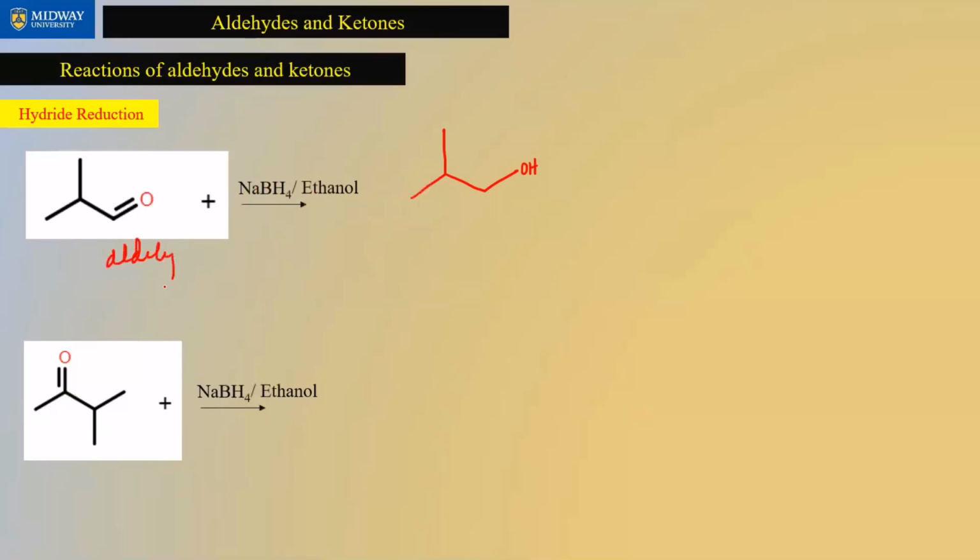Okay, again, an aldehyde on reduction with sodium borohydride goes to a primary alcohol, and this is a ketone. And again, we do exactly what we did for the hydrogen and platinum because they're both reduction at the end of the day. But this is a different type of reduction, okay? And a ketone goes to a secondary alcohol.